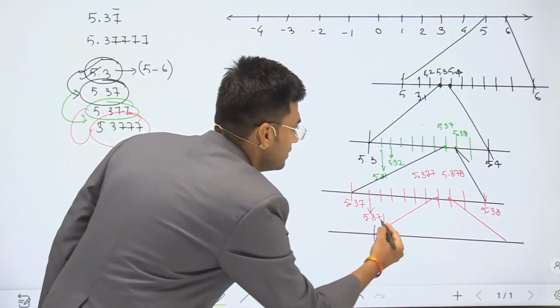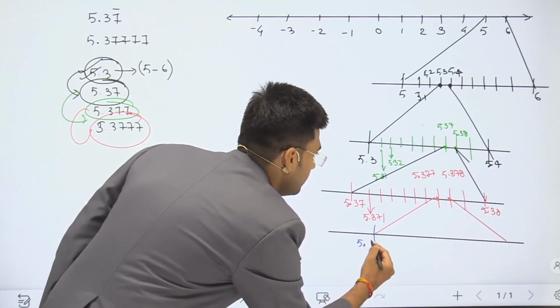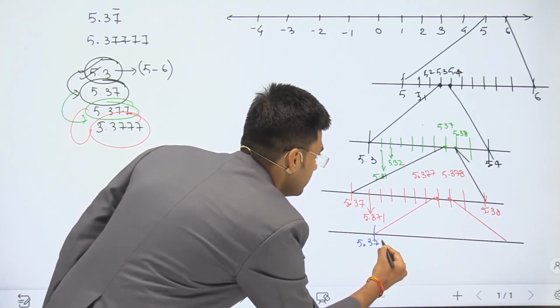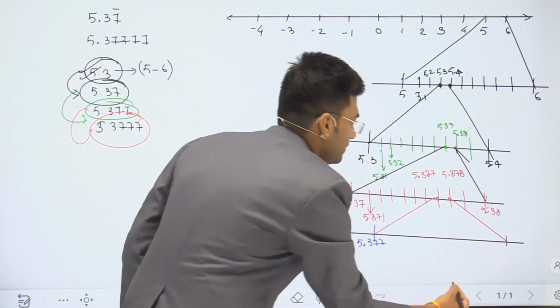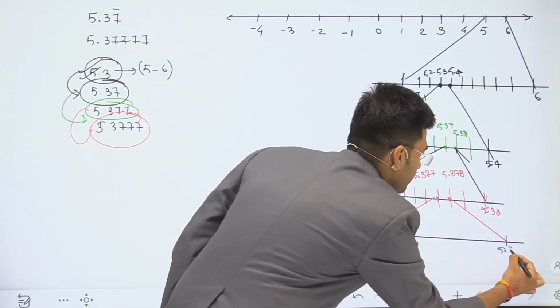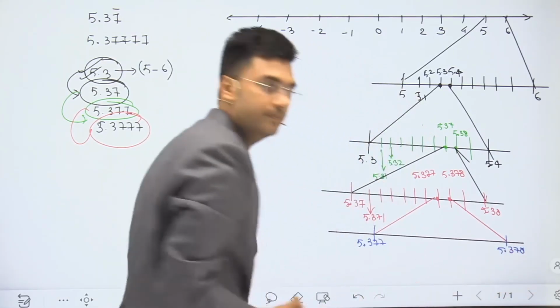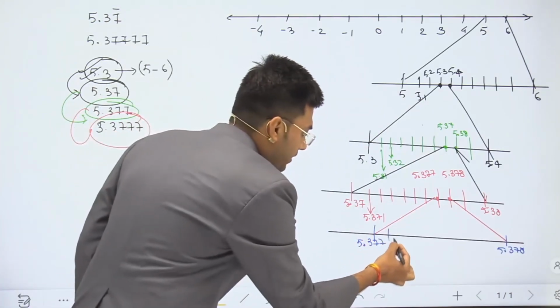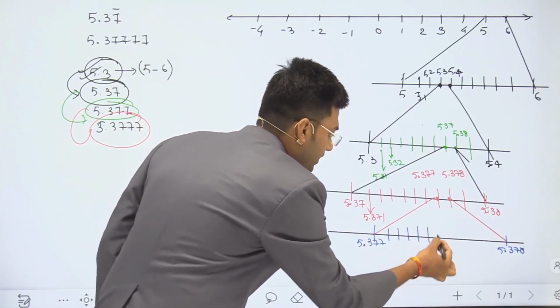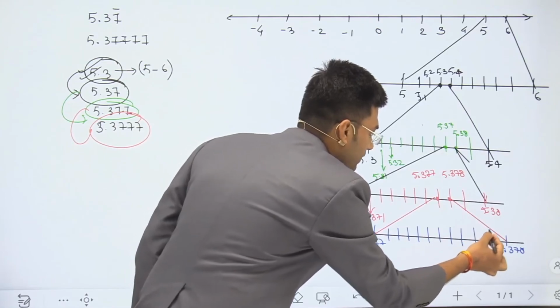This is 5.377 and this is 5.378: 1, 2, 3, 4, 5, 6, 7, 8, 9 and 10.